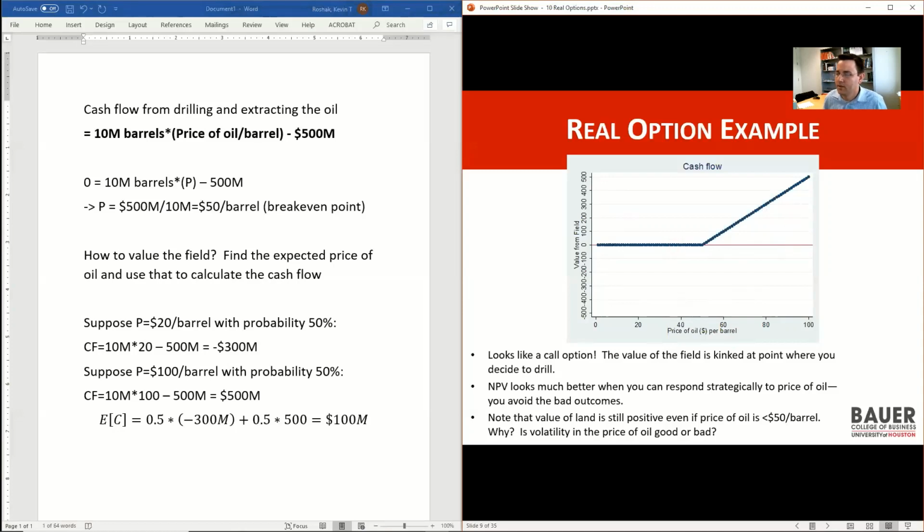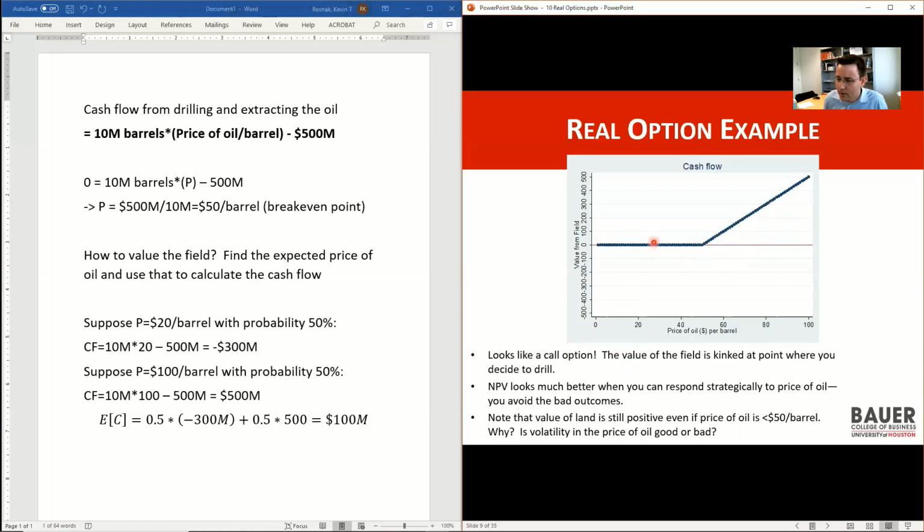Okay. So this picture, if you've taken an investment class, this looks like a call option. That's not important for us, but that's where these kinds of options show up in finance quite a bit. The value of the field gets nonlinear, right? It has this kink at the break-even point.